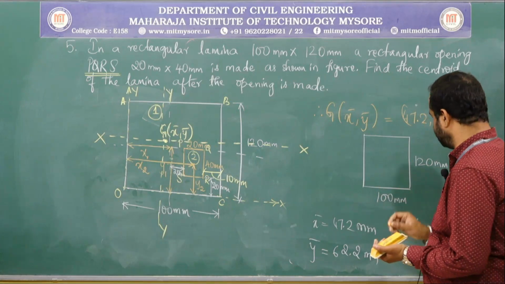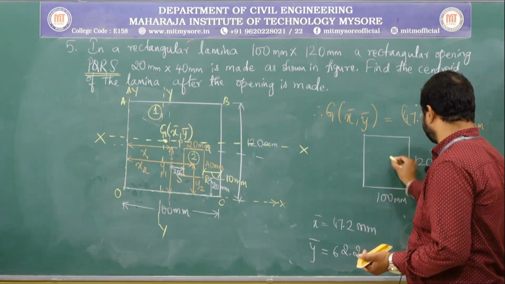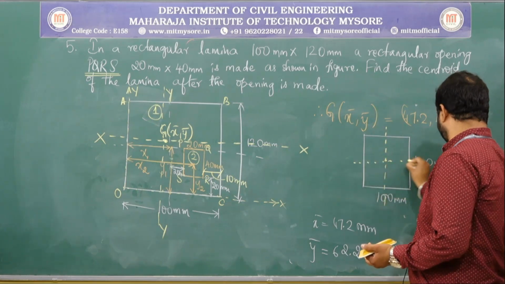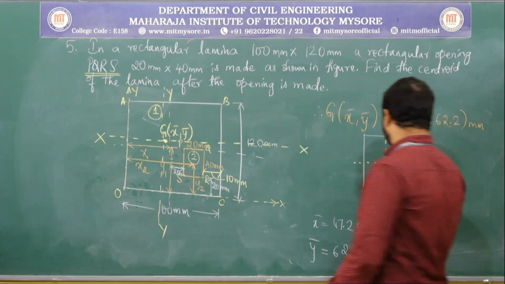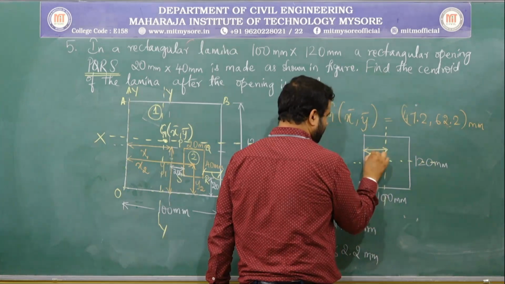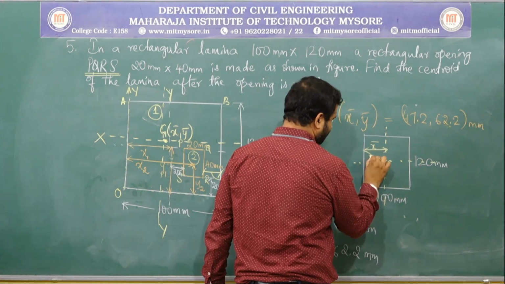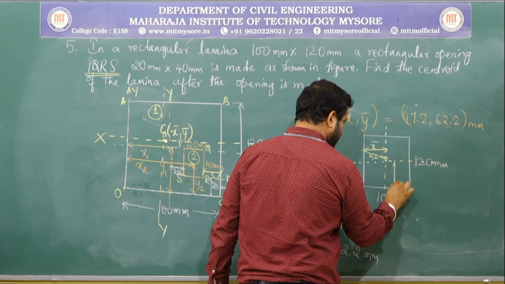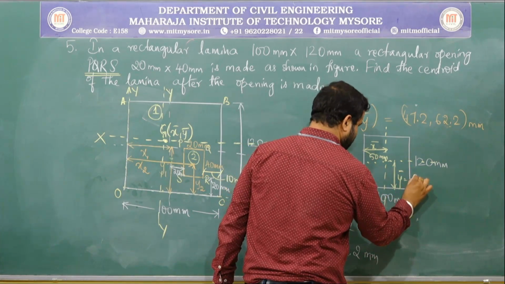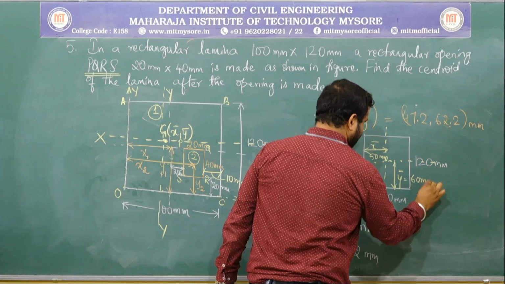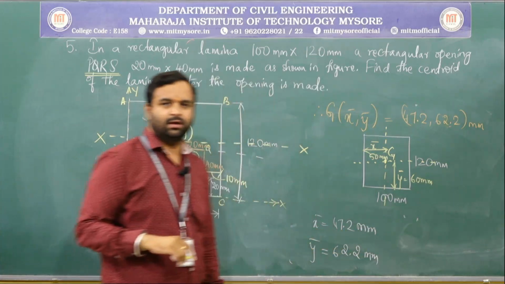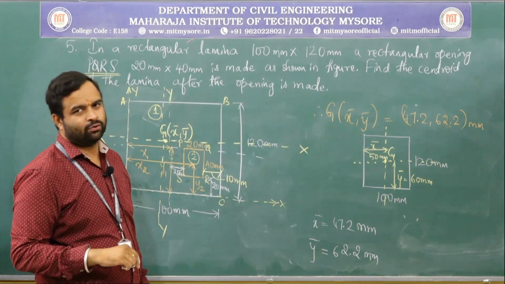It exactly lies at center, with the values of x bar and y bar being 50 mm and 60 mm. So, this will be the centroid for a regular rectangle without an opening.